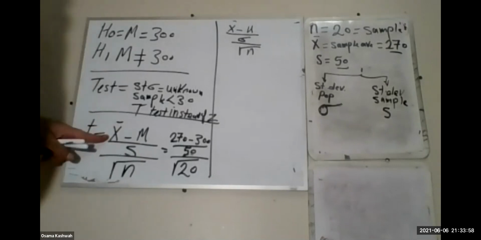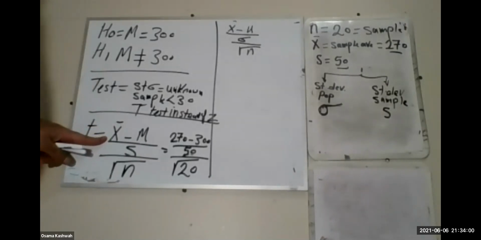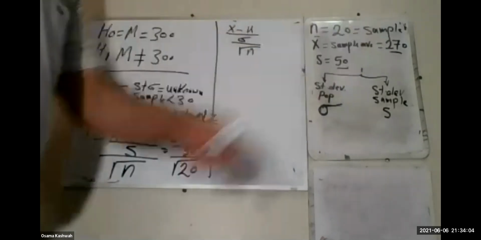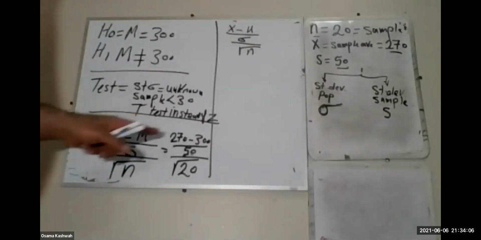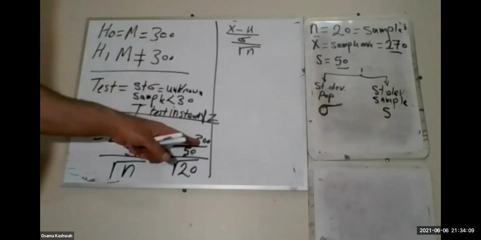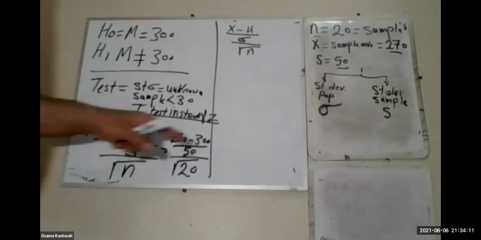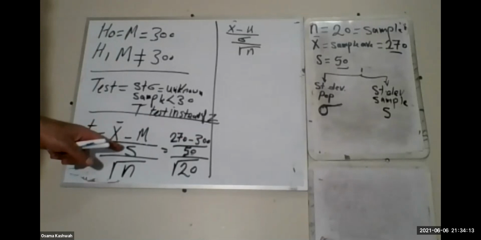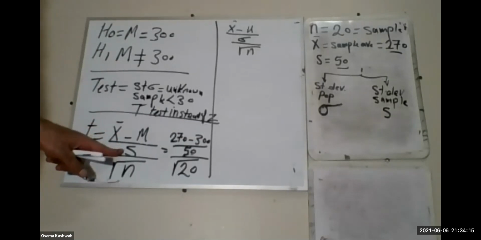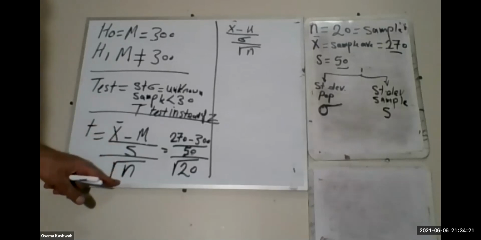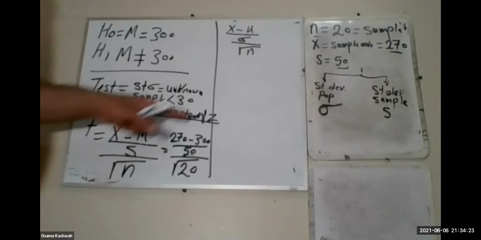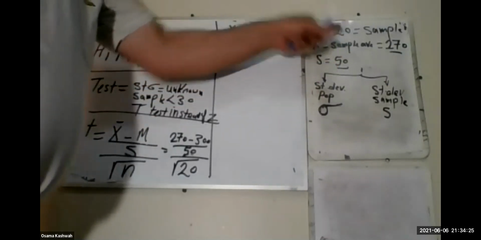X bar is the average of the sample, which is given as 270. Mu is the average of the population, 300, divided by the sample standard deviation, divided by the root of n. The n, he told me, is 20.